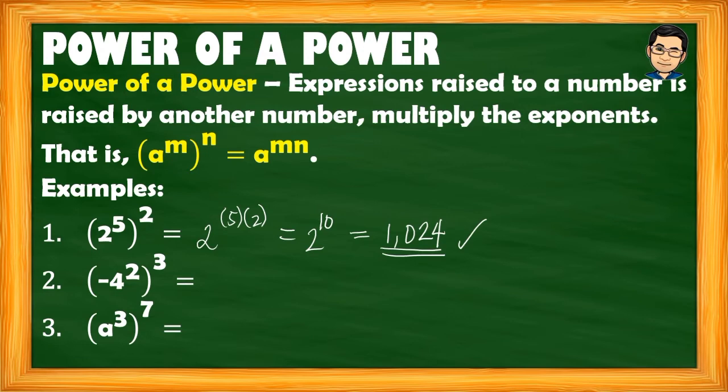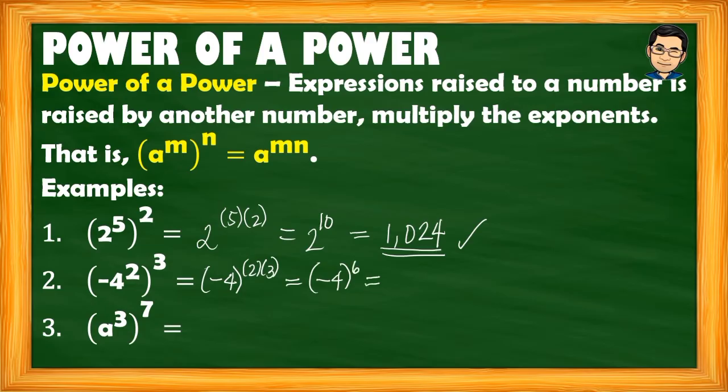Next, the quantity of negative 4 squared, cubed. So, this is equal to negative 4 raised to 2 times 3. Ayan. So, 2 times 3, that is 6. So, magiging ano siya, the quantity of negative 4 raised to 6.